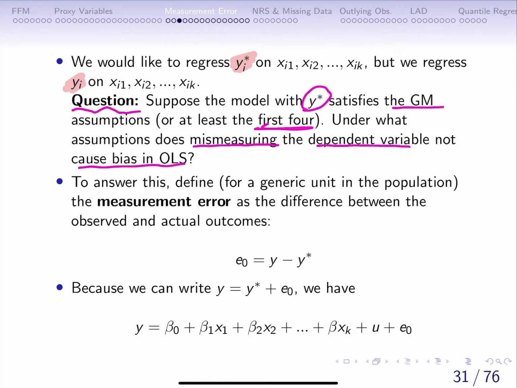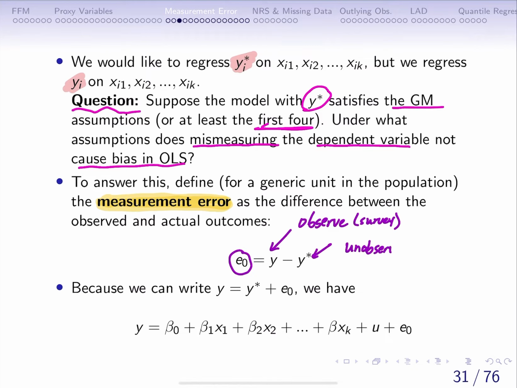So let's try to understand this, and let's say that we can come up with this simple measurement error. Maybe there is some kind of misreporting going on. Some families are overreporting, some families are underreporting, and there's actually some difference E naught between what we observe in surveys and what is unobserved.